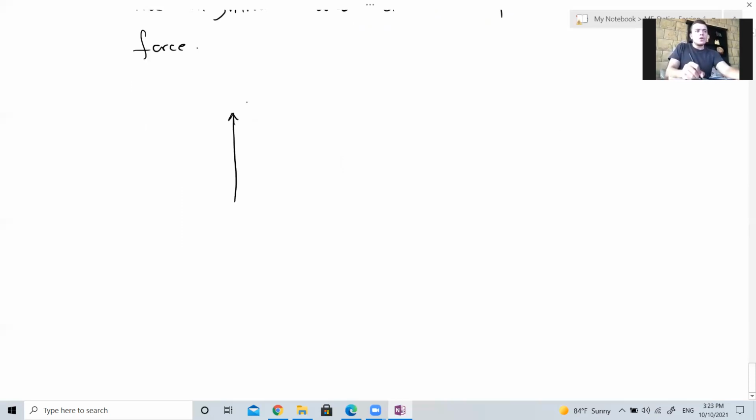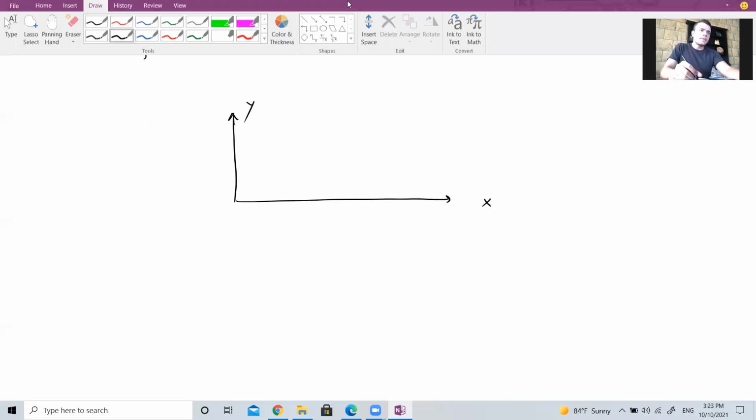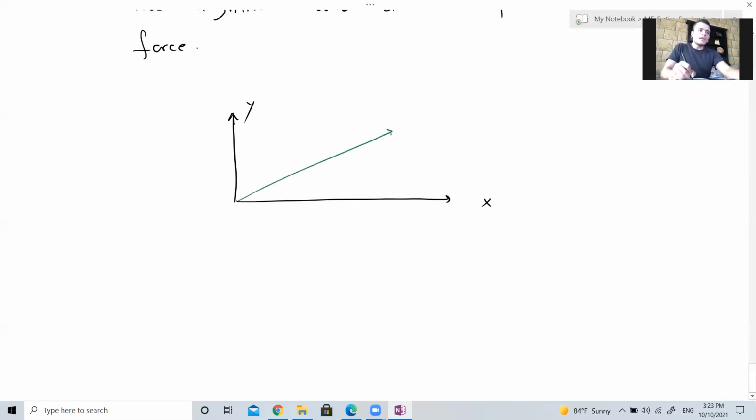If you are working with y and x, any force F in y and x has two components. You know this. Here we have the y component, and here we have Fx, the x component.